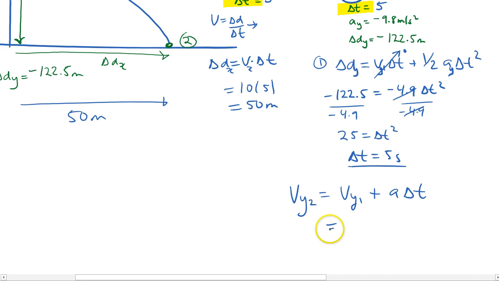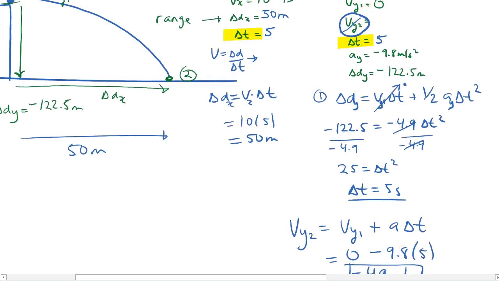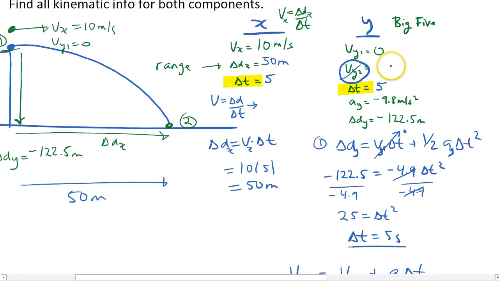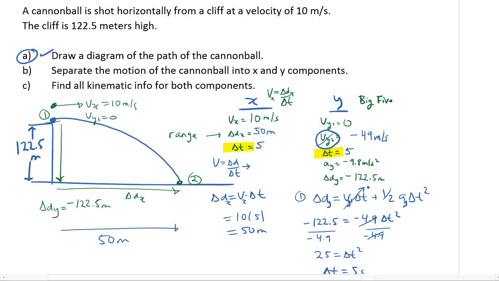It starts off at 0 and then plus negative 9.8, so I'm just going to write minus 9.8 times 5. At the end of 5 seconds, 5 times 9.8 is 49, so minus 49 meters per second. That's how fast it's moving downwards at the end. So I'll put a minus 49 meters per second, even though I crossed it out before because I didn't need it for that earlier one. Wow, we've done quite a bit. I'm just going to take a pause here.